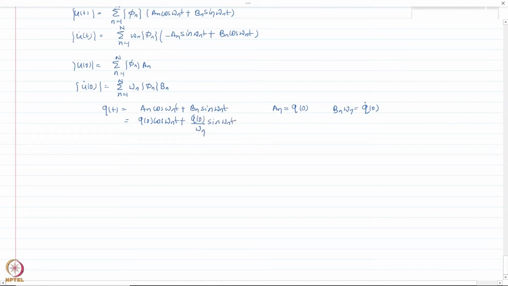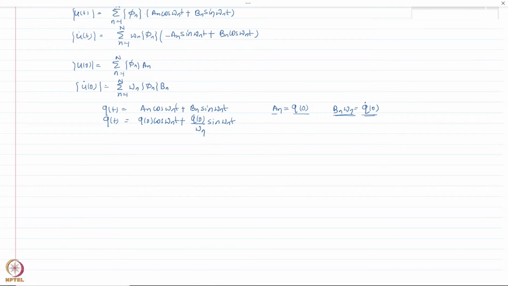Remember, these are also constants here. But I am writing it like this so that my qn of t is similar to the expression we obtained for the single degree of freedom system in terms of u0 and u dot 0, but now in terms of the modal coordinate. I am making this substitution so that we can correlate it to the single degree of freedom system.